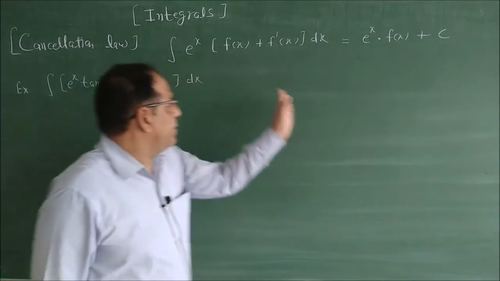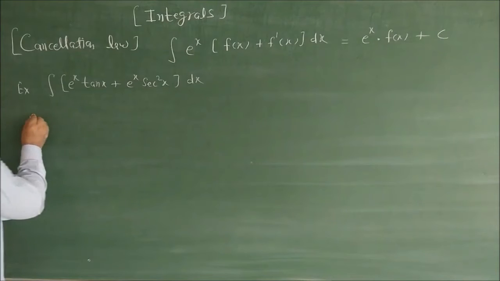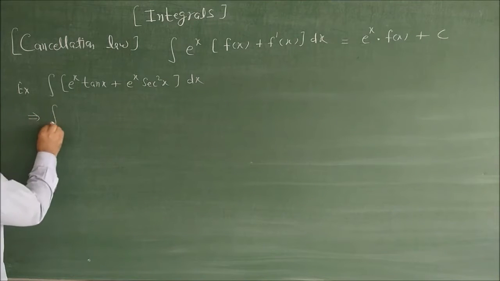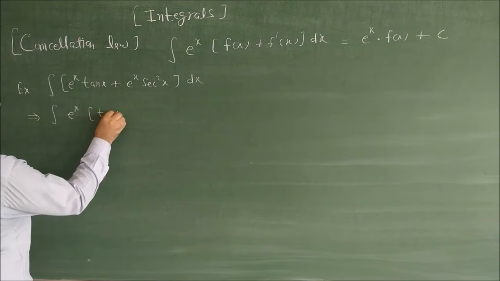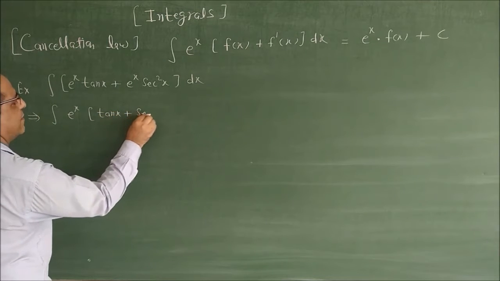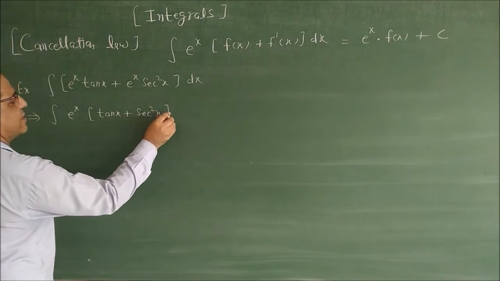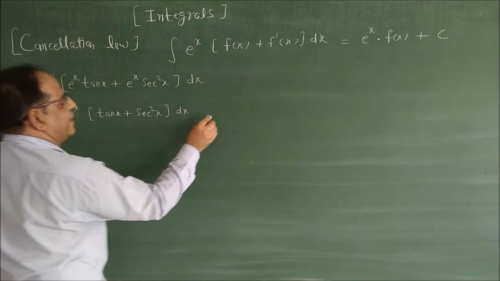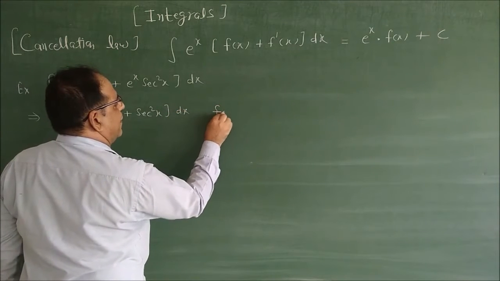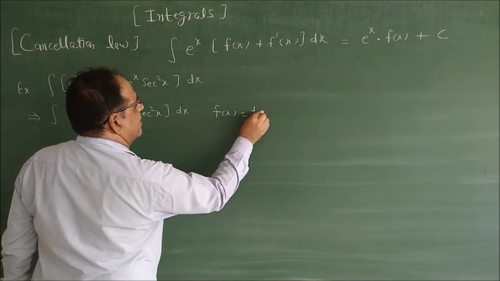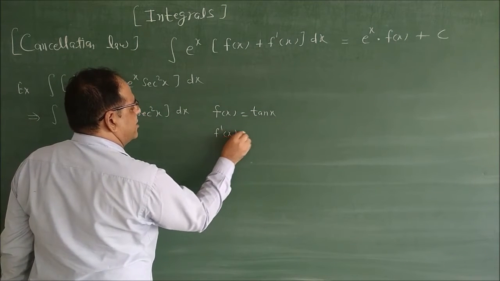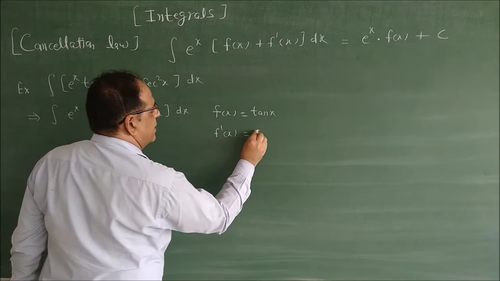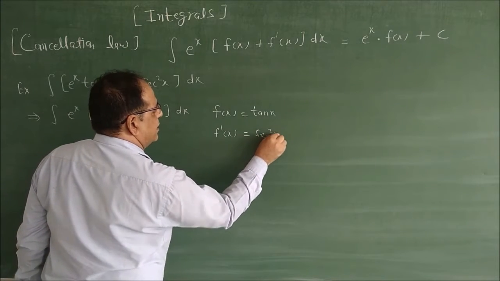But if we are aware of the cancellation law, we can write it as e to the power x inside the bracket tan x plus sec square x dx. Here assume f(x) equal to tan x, then the differential of f(x), f'(x), becomes sec square x with respect to x.